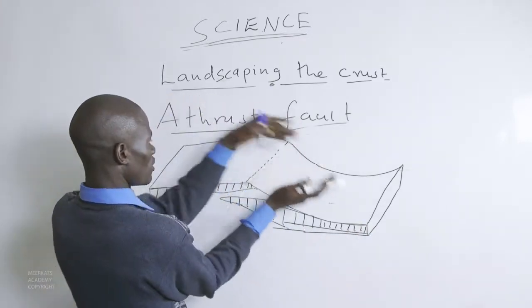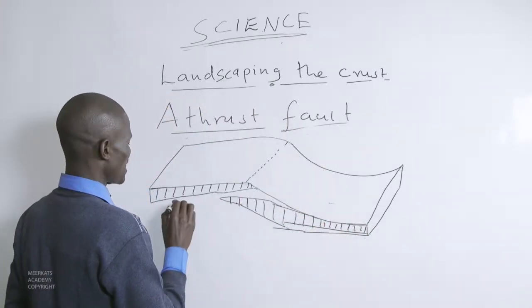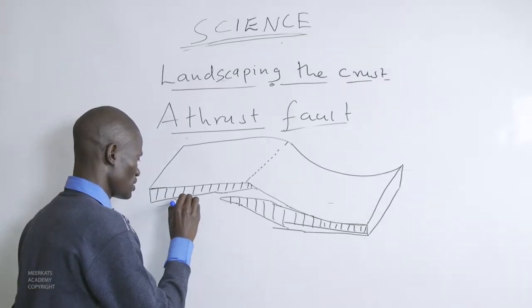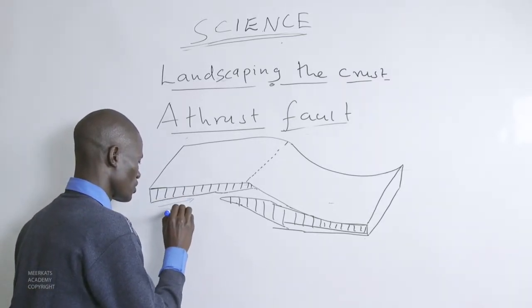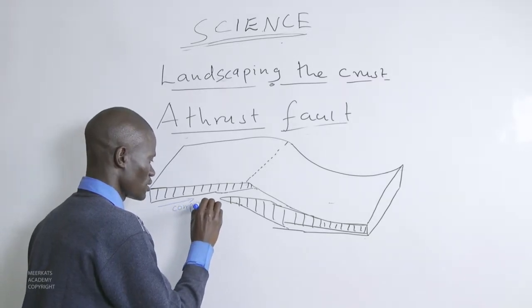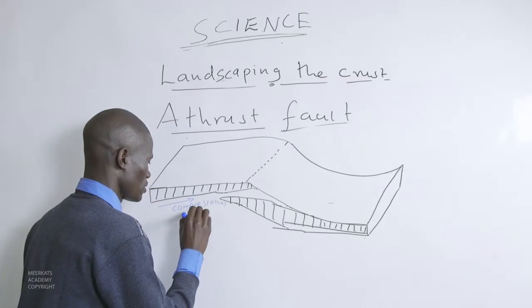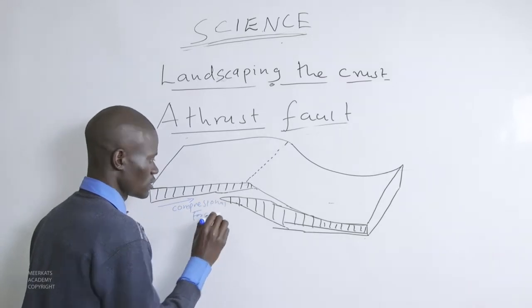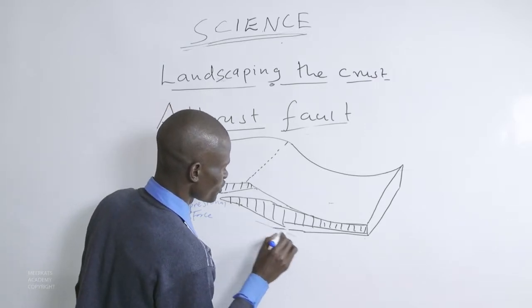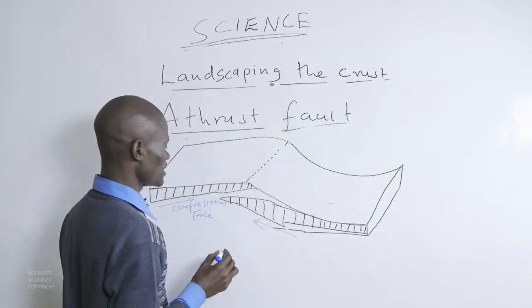This one will wobble and therefore it will pass each other. This is a strong force that we call strong compressional force. Then another one is produced on the other side.